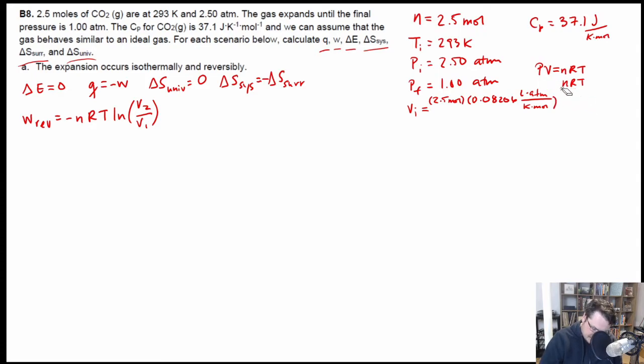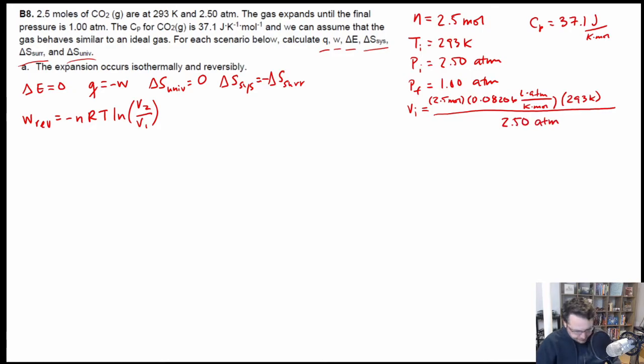Times the temperature in Kelvin, so that's 293 Kelvin, and then that will be divided by the pressure. The initial pressure is 2.50 atmospheres. We can see that atmospheres cancel, the moles cancel, the Kelvins cancel, so we only end up with liters as our unit.